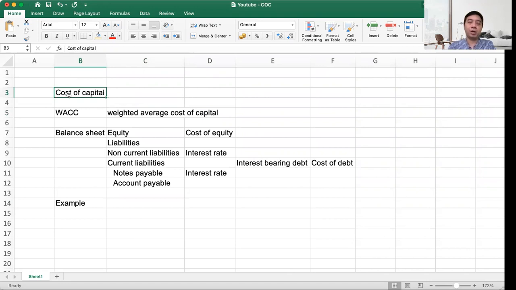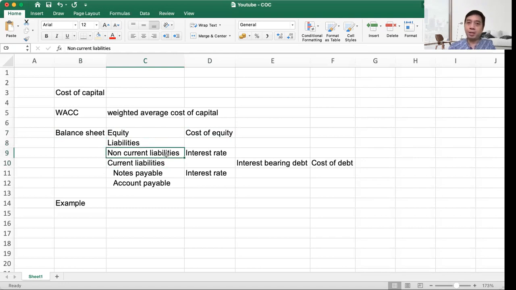Now, as we try to calculate our cost of capital, we need to refer to the balance sheet. In the balance sheet, on the right side, we will see the equity and the liability. As a consequence of the company using equity as a source of funds, there will be a cost of equity. Now when we break down the components of liability, we come up with non-current liability and also current liability.